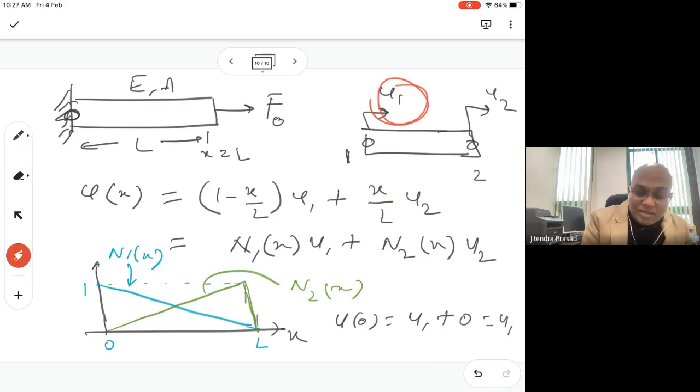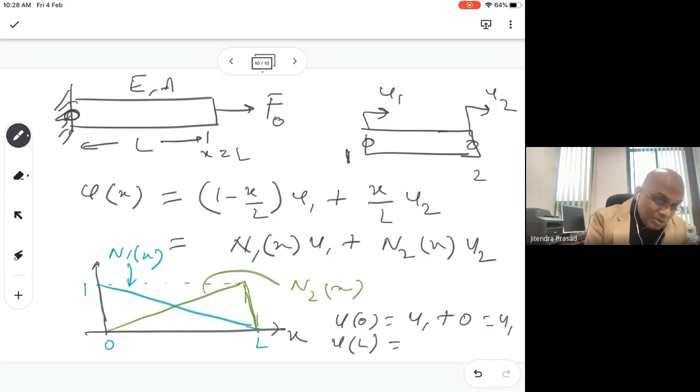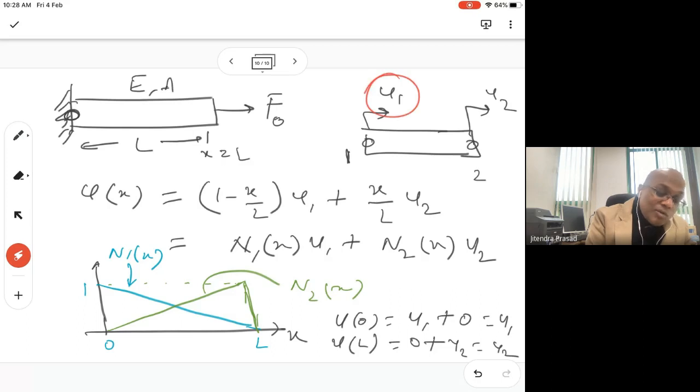So it is satisfied. Similarly, for u(L), now put L here: 1 minus 1 is 0, so this term is gone, plus you put x equal to L here and it becomes 1, so u(L) equals u2. And you know that this is linear, so if the boundaries are matching, u(0) equal to u1 and u(L) equal to u2, between them it has to vary linearly only. There's no other way.